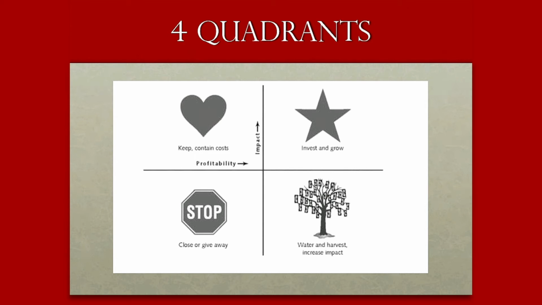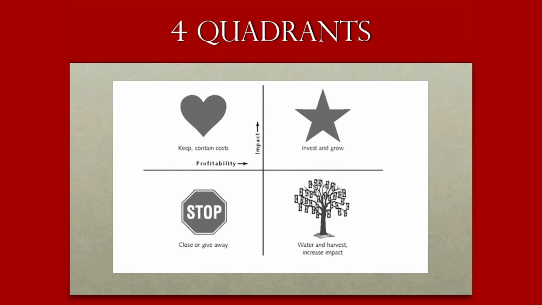Below the heart is the stop, which is neither impactful nor profitable. And unfortunately, yes, organizations often find that they have both fundraising activities and programs that fall into the stop quadrant, and they should close or spin them off to other organizations that may be able to do them more economically.